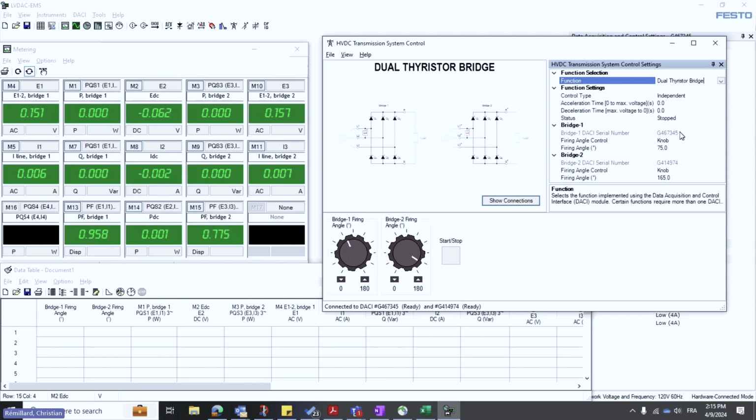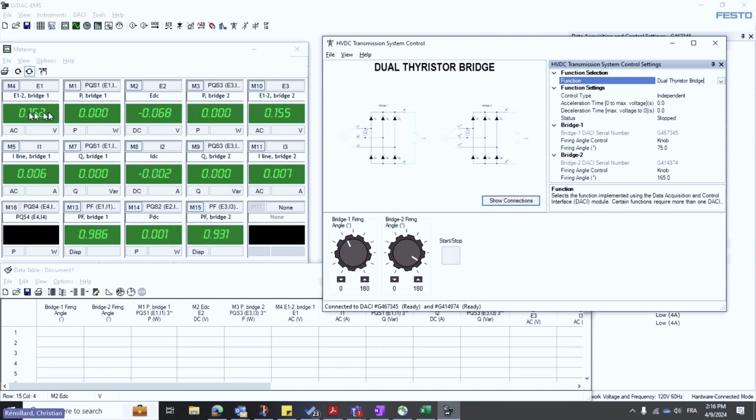You will also notice that the serial number of these two data acquisition modules appear here. And you will see that when you first start the software and start configuring this function, the software will ask you which of the two DAC keys connected to the computer is used for the HVDC and which one is used for the computer instrumentation. So this is where you will specify these serial numbers. So this window is ready to go here.